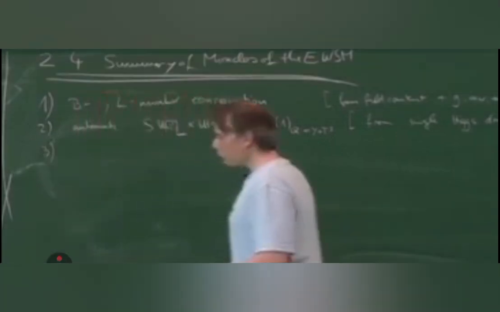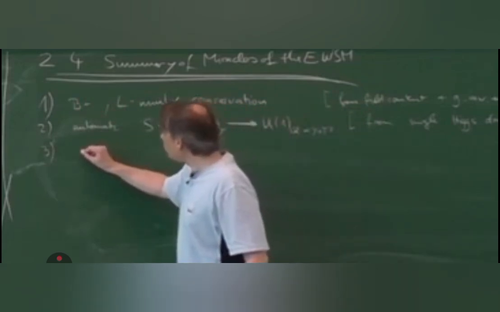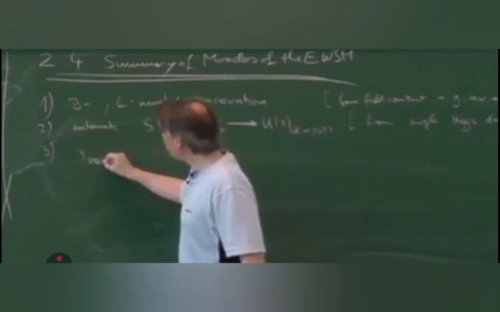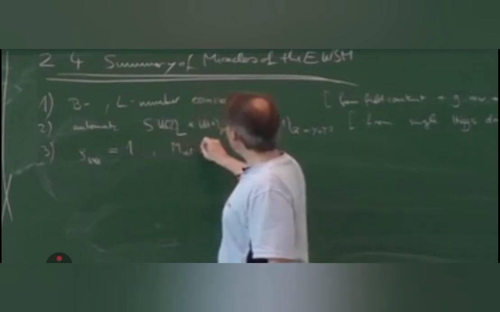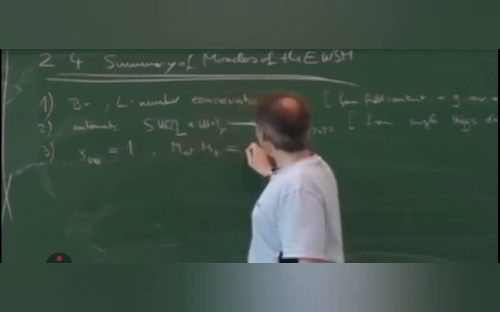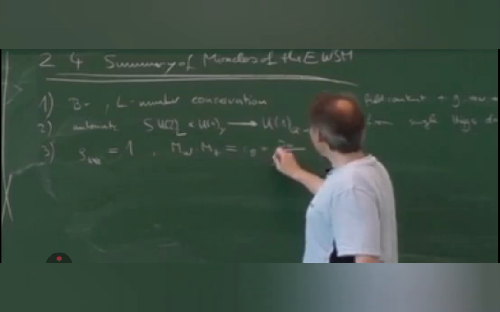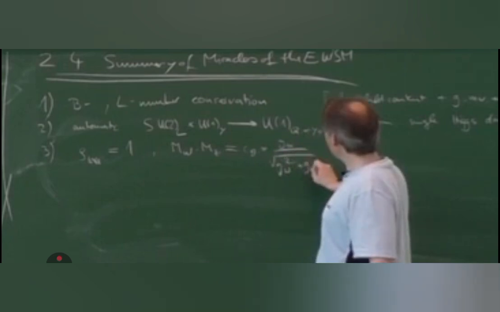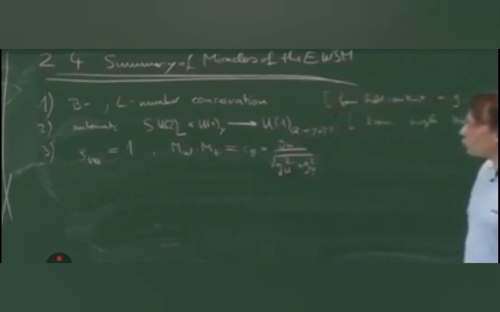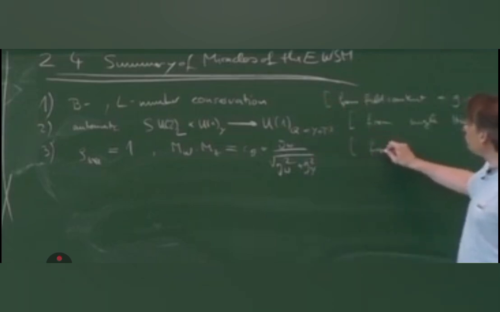Then the third miracle was the tree-level rho equals 1, or equivalently MW over MZ is equal to cosine theta, which is the same as GW divided by the square root, at tree level, of course, and that followed from custodial symmetry.